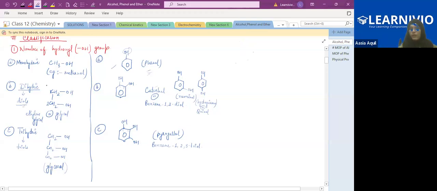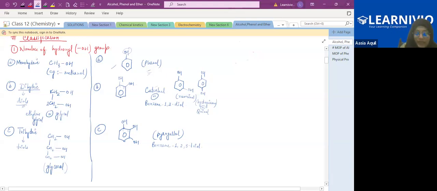Because we are talking about alcohol, this is known as diols. For what do we use the suffix ol? We use it just for alcohols. Diols means two hydroxyl groups are attached to the carbon.